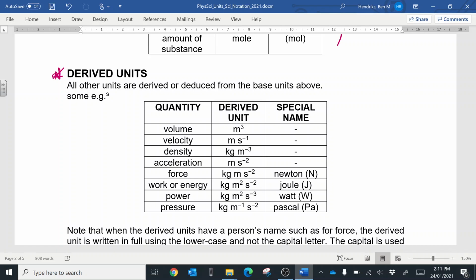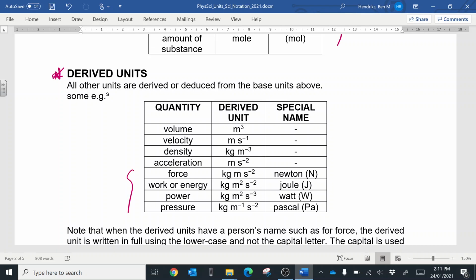So if you're in a car, you typically have measurements of kilometers per hour, but the SI unit for velocity or speed is meters per second. We have these things called density, kilograms per meter cubed. Acceleration is meters per second squared. Force, kilograms times meters per second squared as well. Work or energy, I shouldn't go through any of these anyway, but they're all here like that.